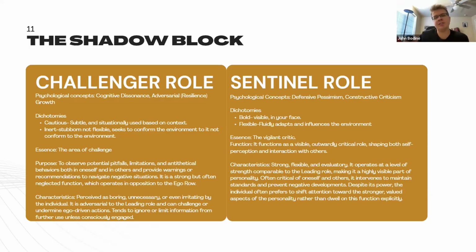What's interesting here too, as we get into the shadow block, we see a reversal of the energies, where the sentinel, the critic, becomes the bold one, and the nemesis, the cautious one.